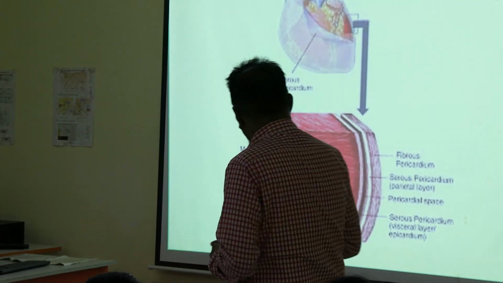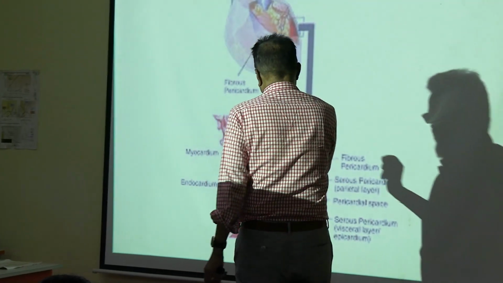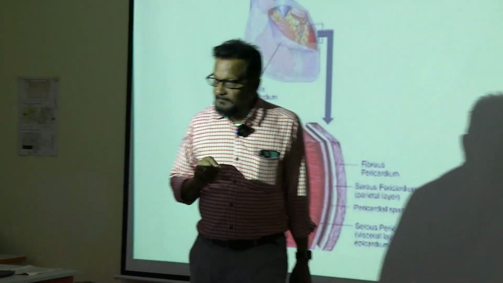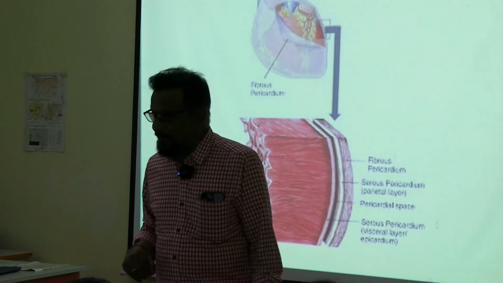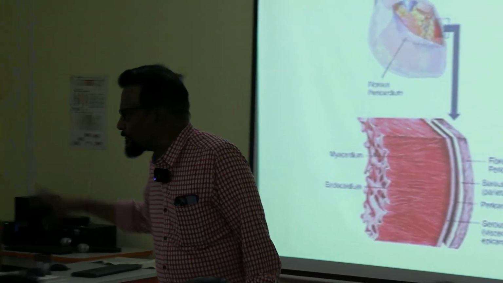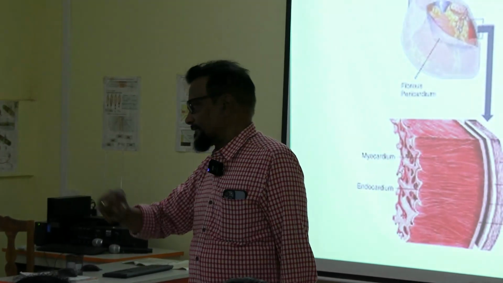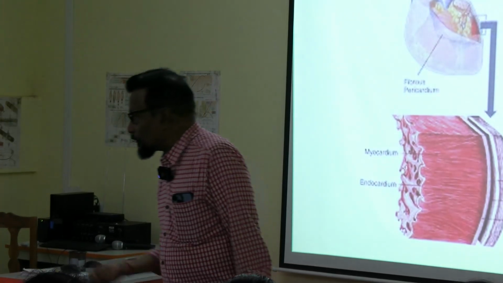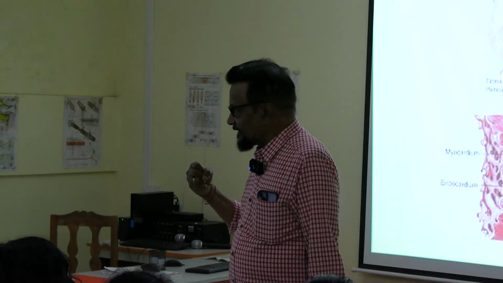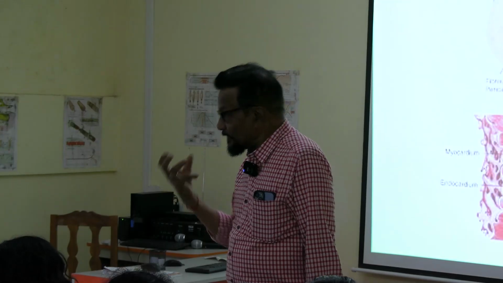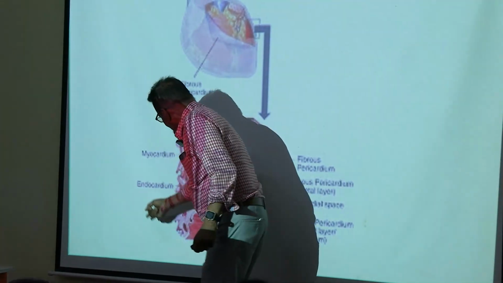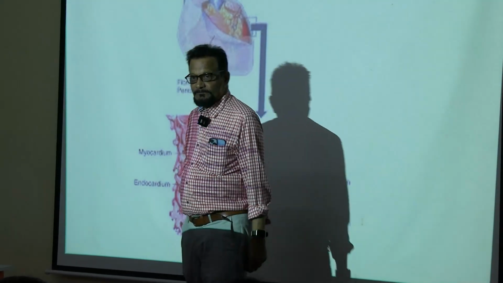Not only this, the innermost 1 millimeter of area doesn't need any circulation from the coronary arteries. Why? They can directly draw their oxygen and nutrients from the blood within the cavity.